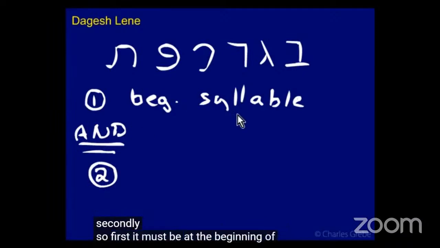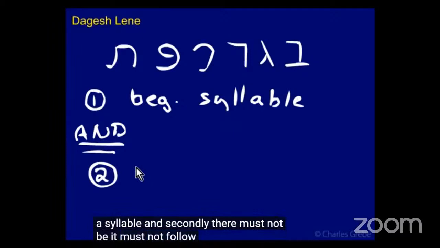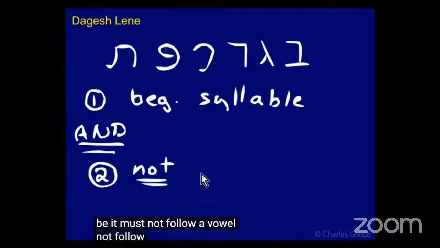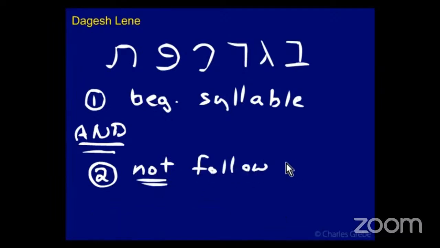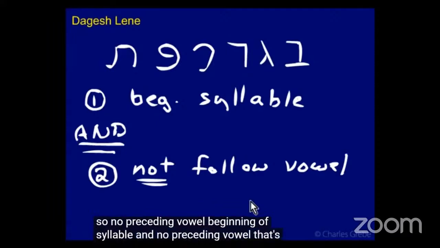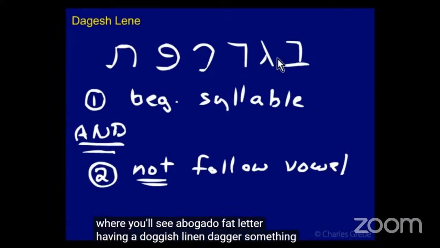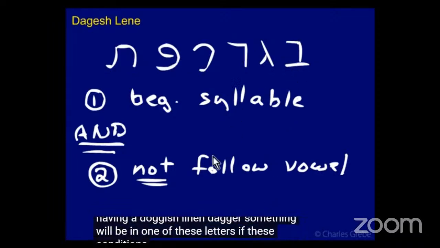First, it must be at the beginning of a syllable, and secondly, it must not follow a vowel. So no preceding vowel. Beginning of syllable and no preceding vowel. That's where you'll see a Begad Kafat letter having a Dagesh Lene. The Dagesh Lene will be in one of these letters if these conditions are met.